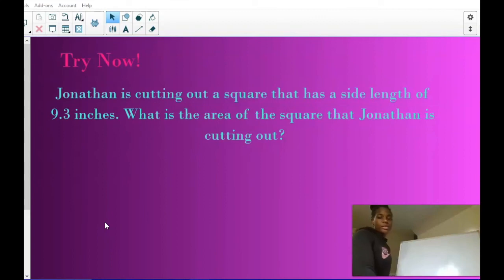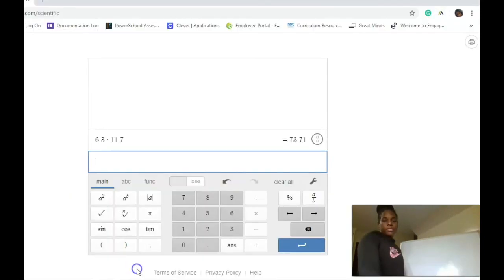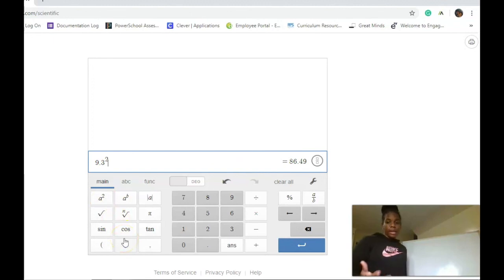I will show you guys using the calculator how to come out with the answer. I'm going to clear it out. All right, so notice that it was a square. With the square, only one measurement was given. So now I can just take that one measurement, 9 3/10, and hit the A squared, and come out with the same thing.